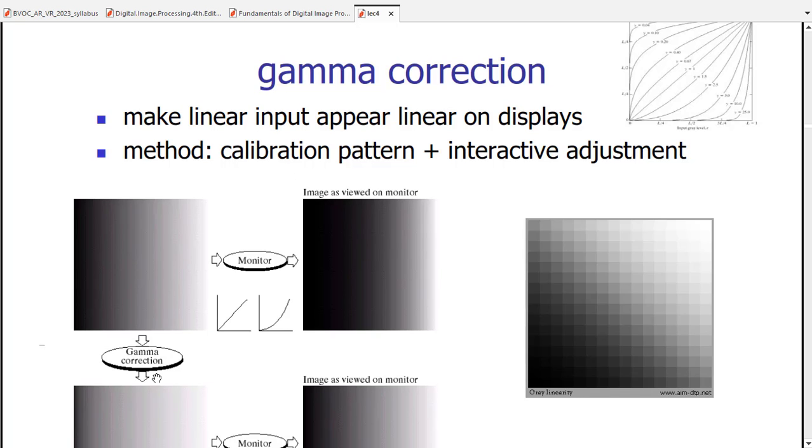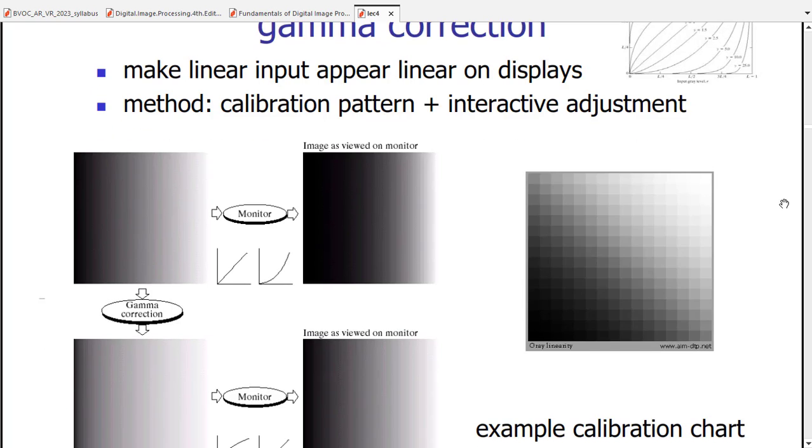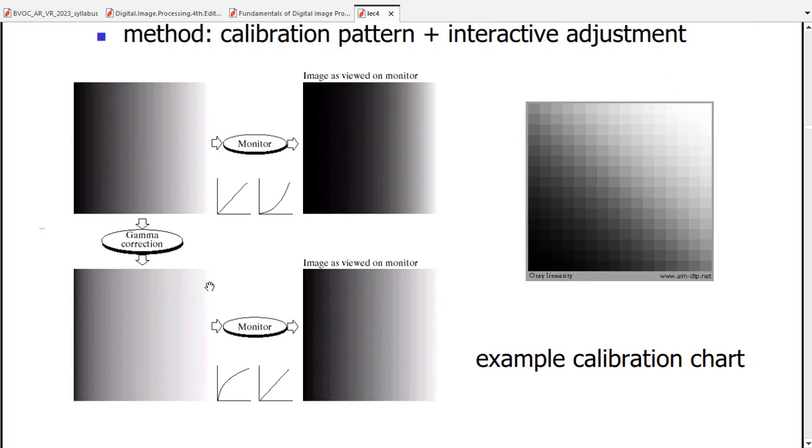Here this is gamma correction, where the monitor implies what range the image will be viewed in on a monitor. So this is another type of gamma correction. After correction, we look at the monitor with a calibration chart to check linearity, the gray linearity changing from black to white.